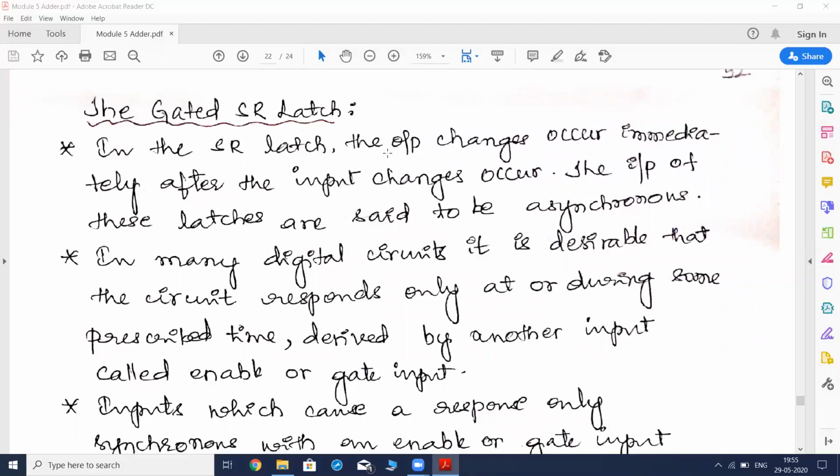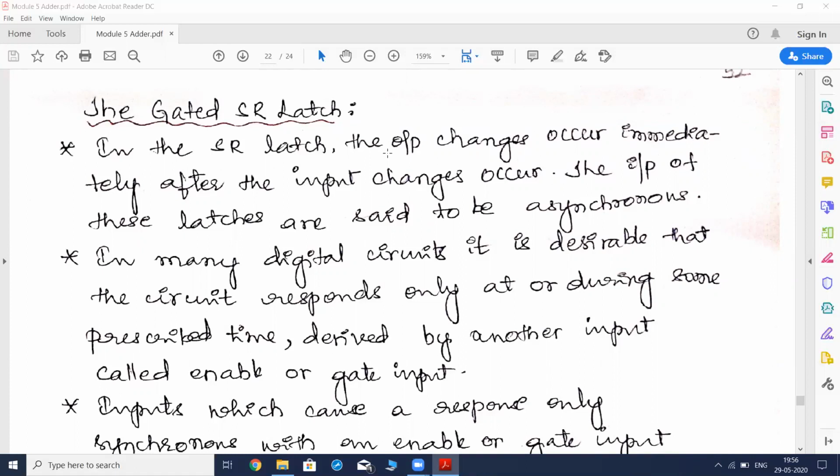But in practical digital circuits, what we require is that these circuits must respond at a particular instant of time. At that instant, according to the inputs, we want the outputs.